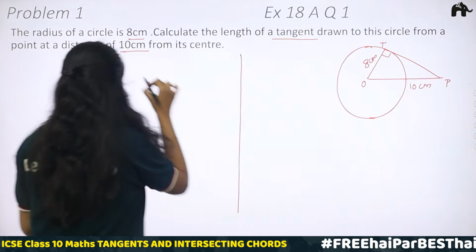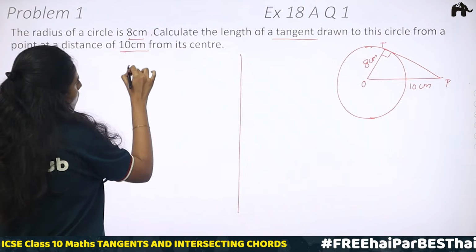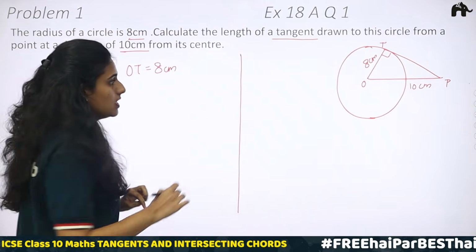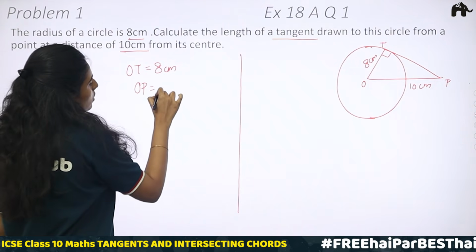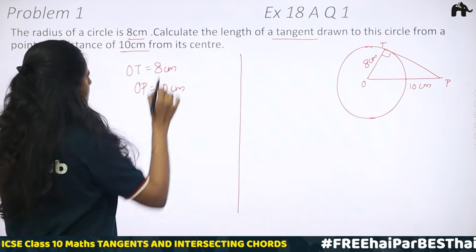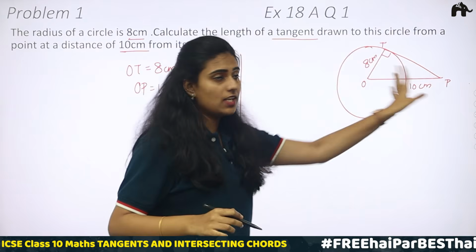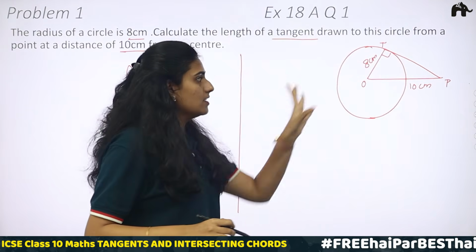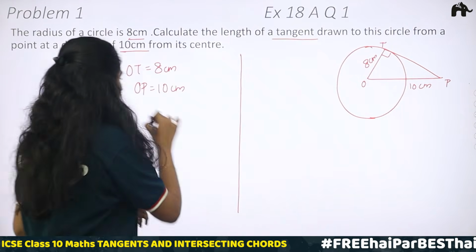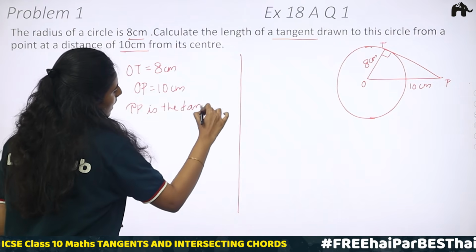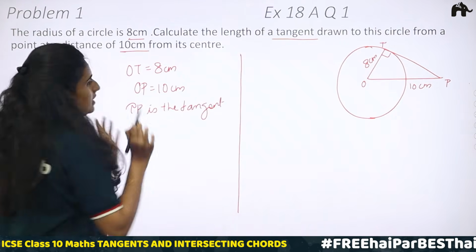Now, we have OT equal to 8 cm, which is the radius of the circle. OP is equal to 10 cm, the given distance of point P from the center O. TP is the tangent. We have to find the length TP.